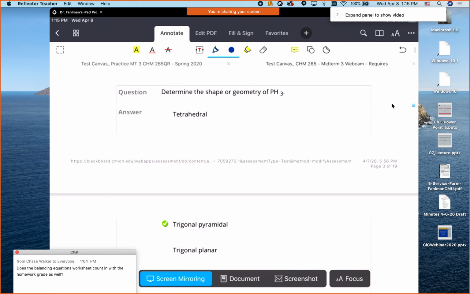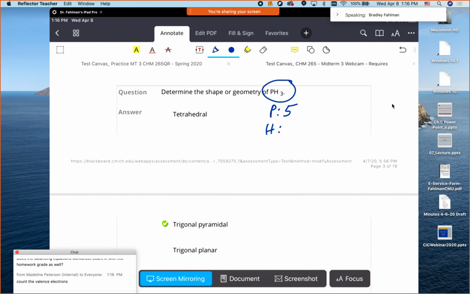Okay, so this one, the shape or geometry of PH3. And so what's the first step that you need to do for that? Okay, so shape, yeah, very good. So you have to count the valence electrons. So phosphorus is in group 15, or 5A, so there's 5 for that.